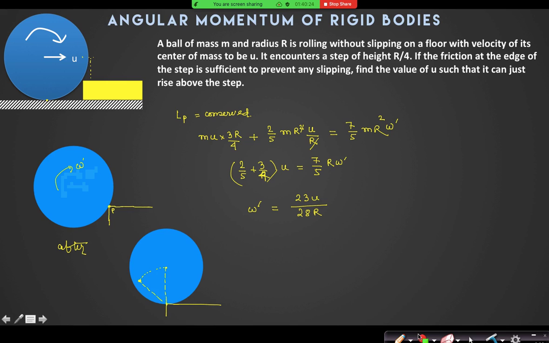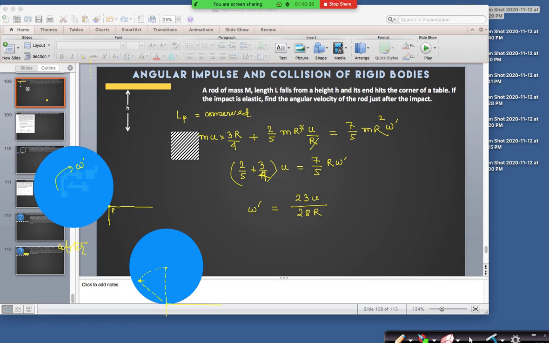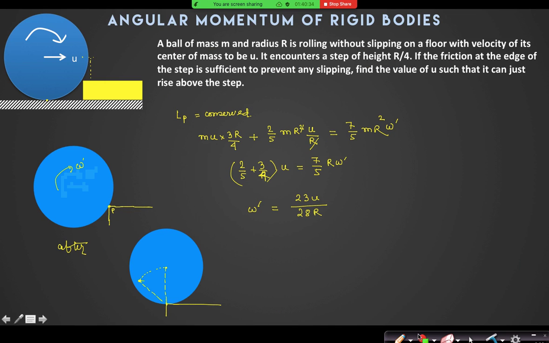Whatever is the potential energy gained by its center of mass is the loss of its kinetic energy. So the gain in potential energy is equal to mg into h, which is r by 4.